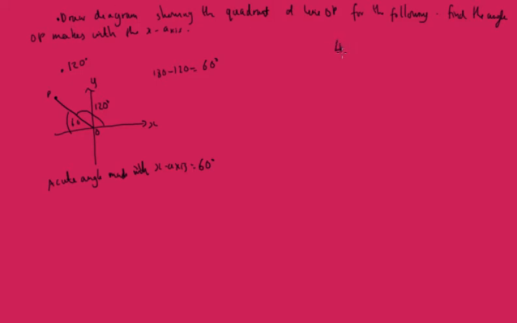Now we're going to have 430 degrees. That's more than 360, so we need to think about this. There's x, this is y. If we've got our point P, our line goes right round back to the beginning. So that's 360. So what is 430 minus 360? Well, it's going to be equal to 70.